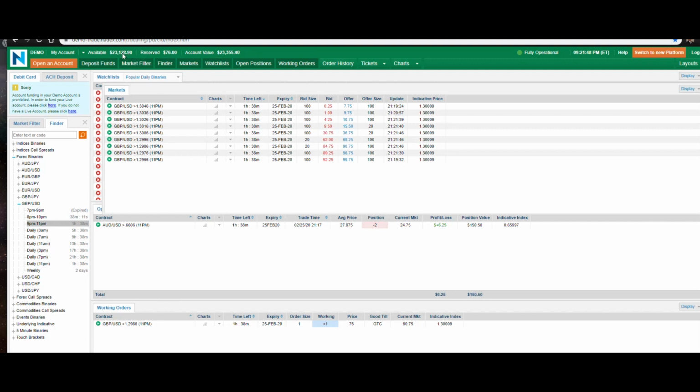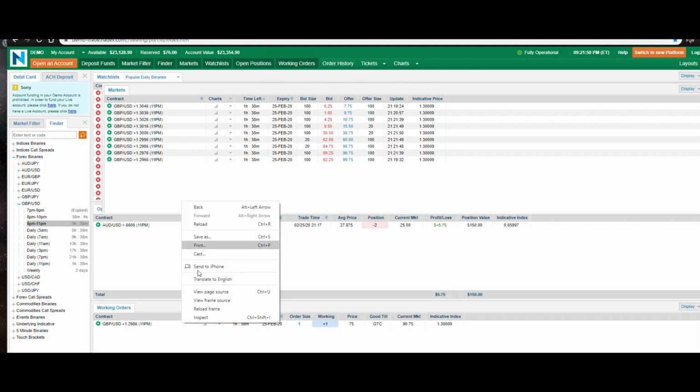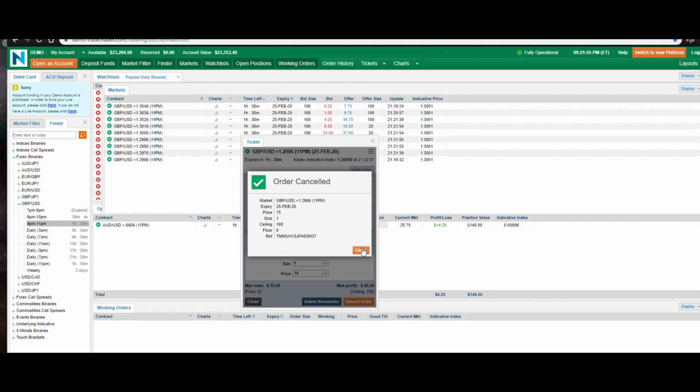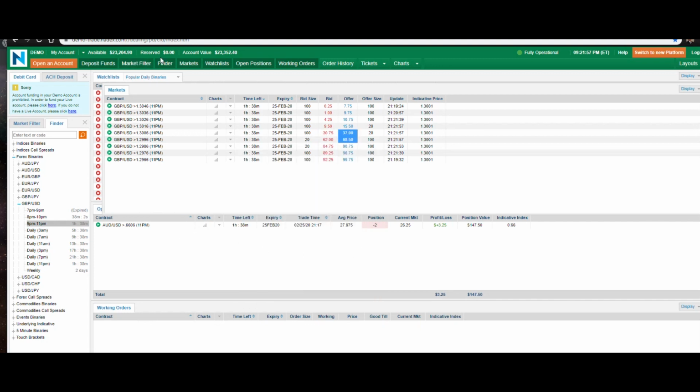Now, it doesn't really come out of your balance because the moment that I go here, I click on it and I go delete remainder, okay, close that out, you'll see that my reserve turns back to 0. But it did take out for the trades that I'm in on. So keep in mind that even though you are trading while you're doing a working order, the reserve means you won't be able to put on any more trades. So if you get this down to 0 and this to 0 for availability, you might be in a little bit of trouble there because you won't be able to trade anymore until you've got more money available.